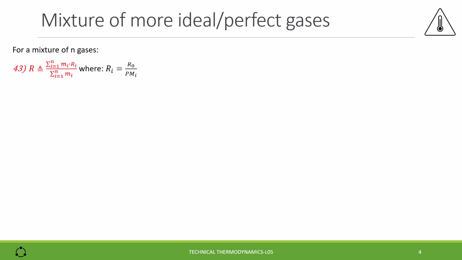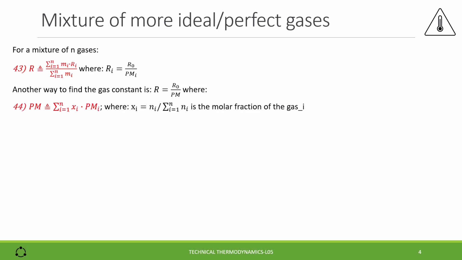In this lecture, we use for the mass m in lowercase. Another way to find the gas constant is, as we have said, R0 divided by PM, where PM is the sum of xi times PMi, being xi the molar fraction of the gas i. The mixture behaves as a single gas having R calculated as above.